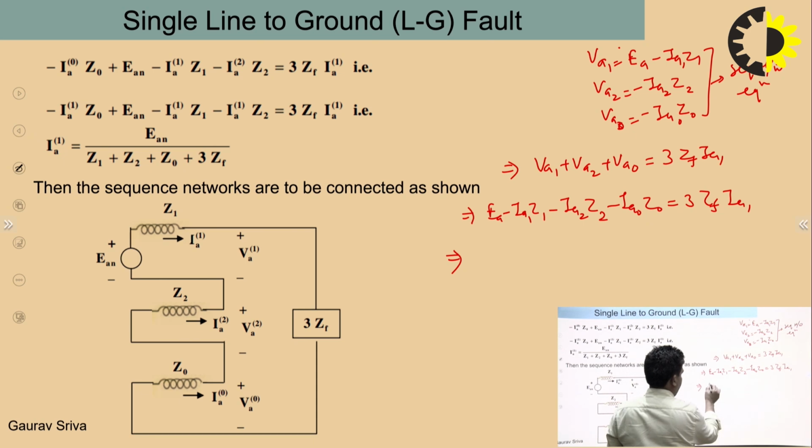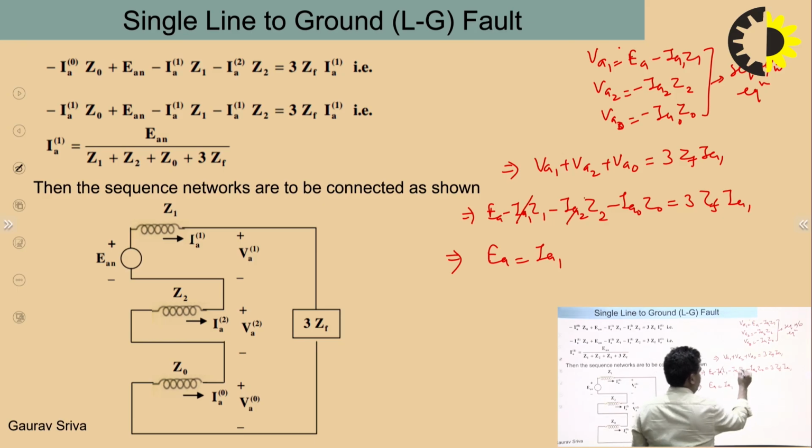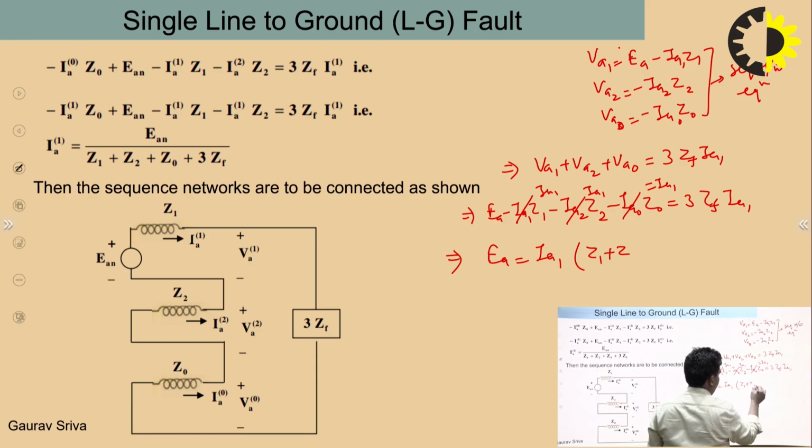So now we are again utilizing it. Just taken an example. So what will happen? The EA is equal to IA1 times Z1 plus Z2 plus Z0 plus 3 ZF.